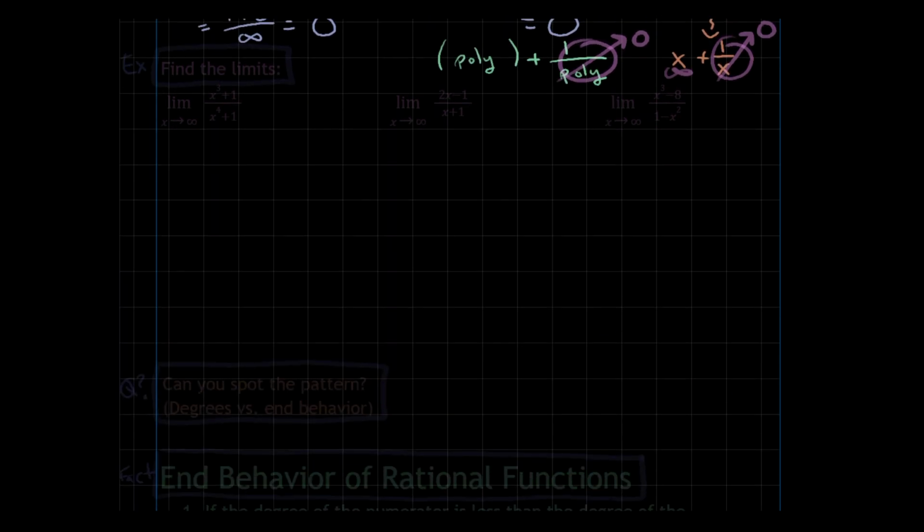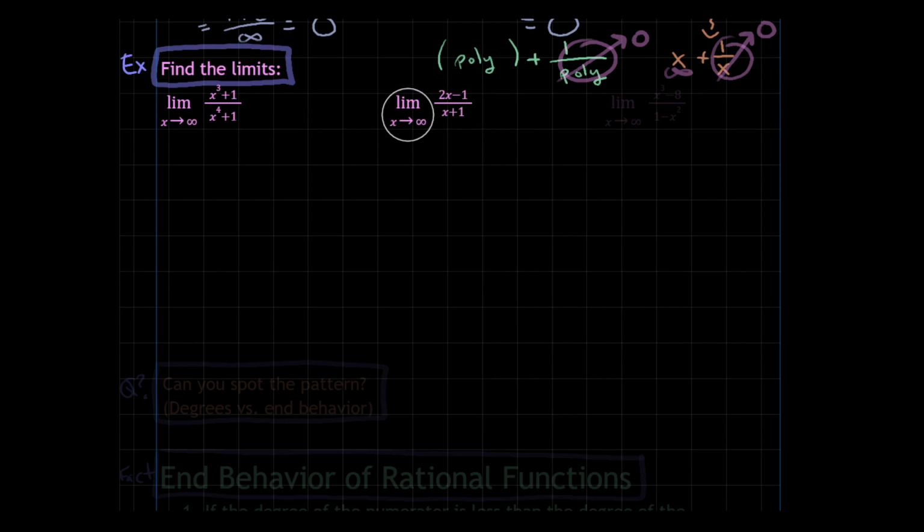Let's try a few more examples and see if we can start to piece together a pattern. I've got 3 more functions here. Limit as x goes to infinity, x to the third plus 1 over x to the fourth plus 1.